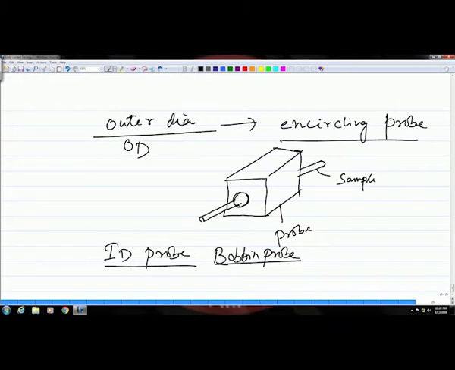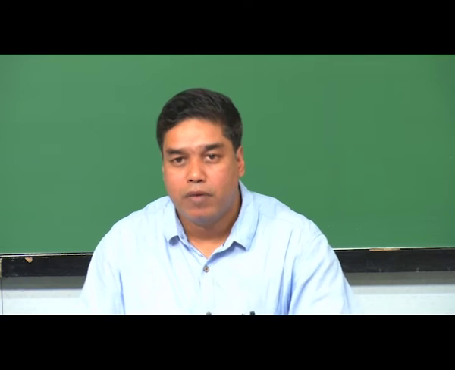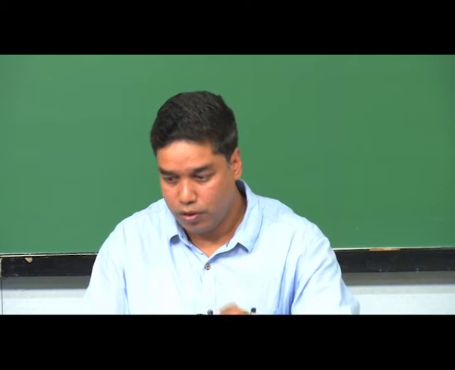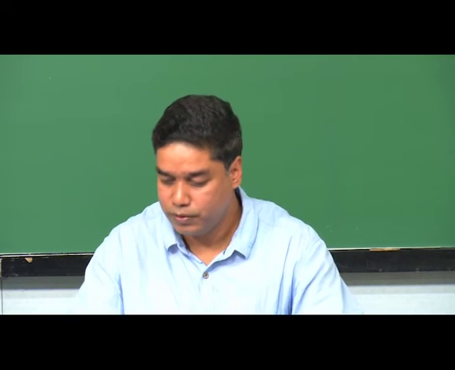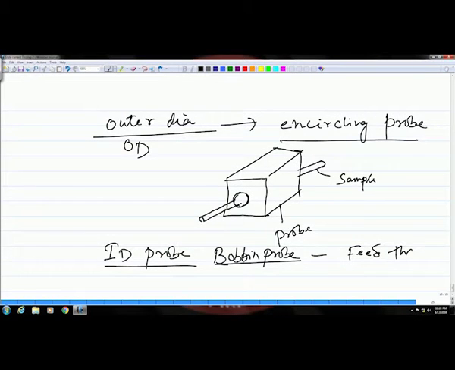So, this is a feed through probe like what we discussed for the bolt hole kind of probes. So, this has to be fed through the sample hole. So, you have to insert it inside the inner diameter to inspect the inside diameter.